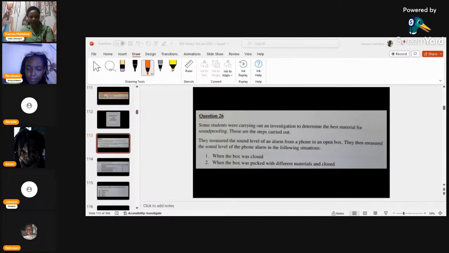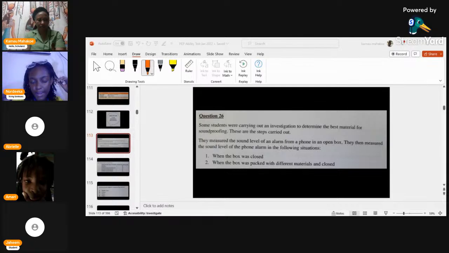They then measured the sound level of the phone alarm in the following situations. 1. When the box was closed. 2. When the box was packed with different materials and closed.